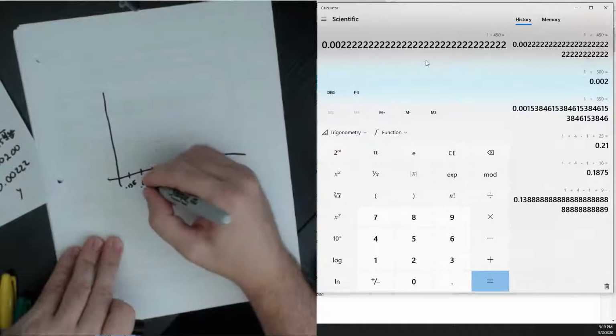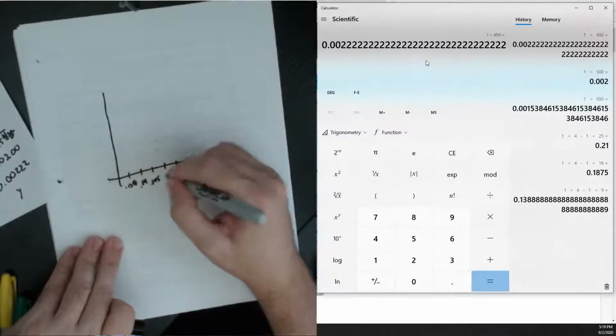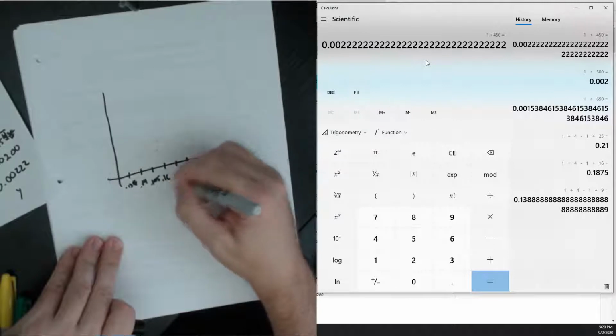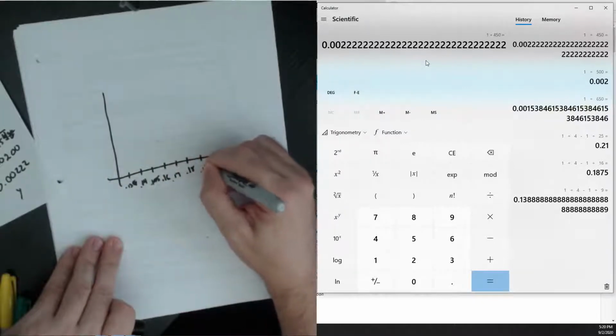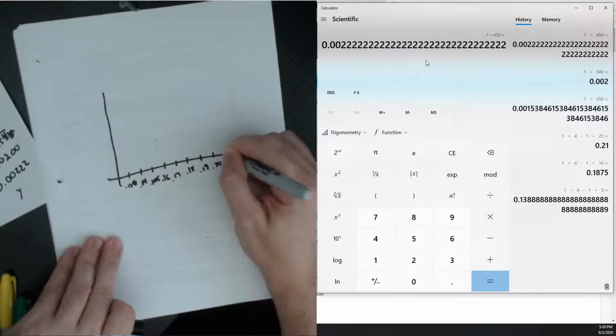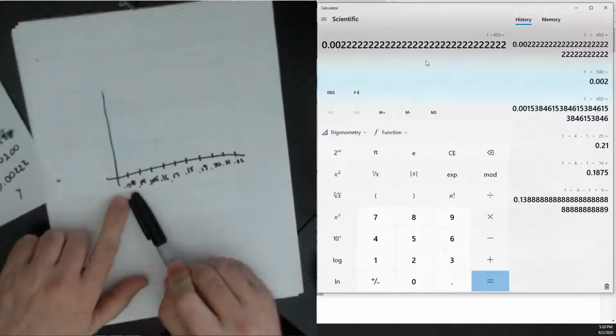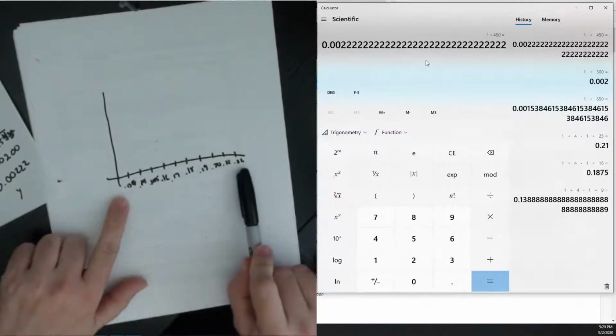Yeah, that's going to be too small. So let's call this 0.13, 0.14, 0.15, 0.16, 0.17, 0.18, 0.19, 0.20, 0.21, 0.22. All right. So that goes from just below the smallest x value to just above the largest x value.